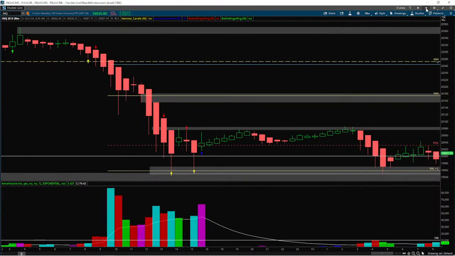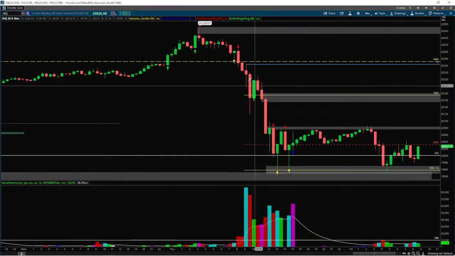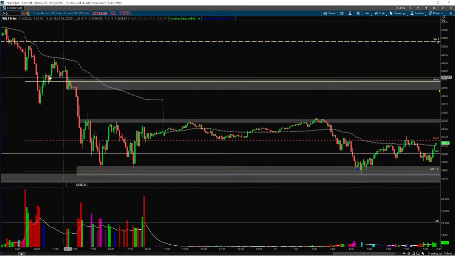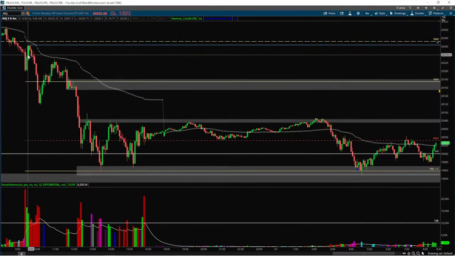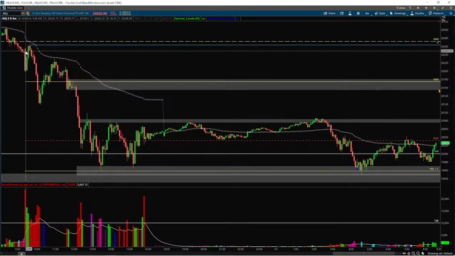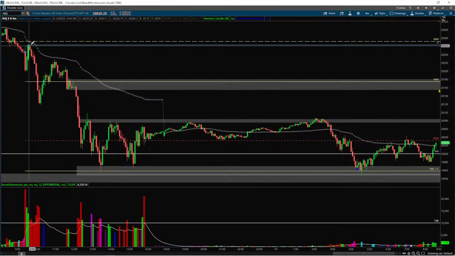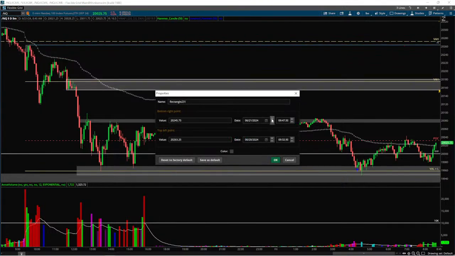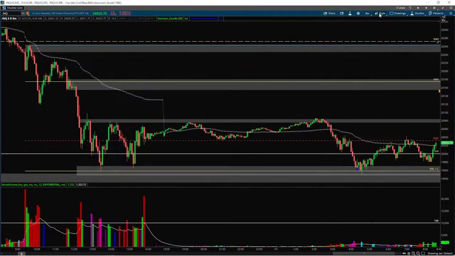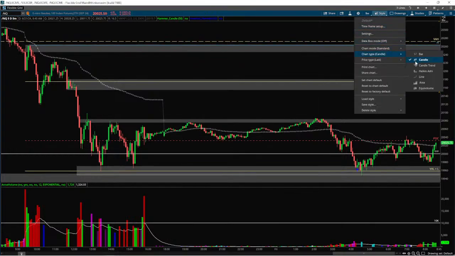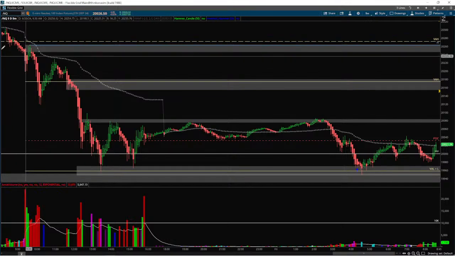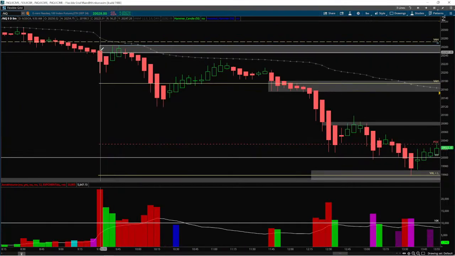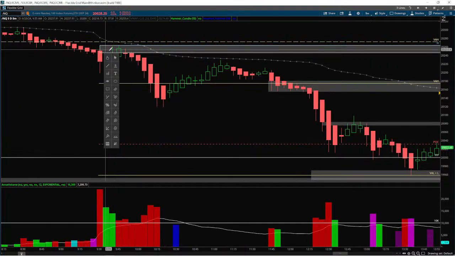Almost done with NQ. Let's go into the 5 minute. I like this to here, like that to here. See what it looks like on Heikin Ashi. About the same, right? Yep, it's a little higher.